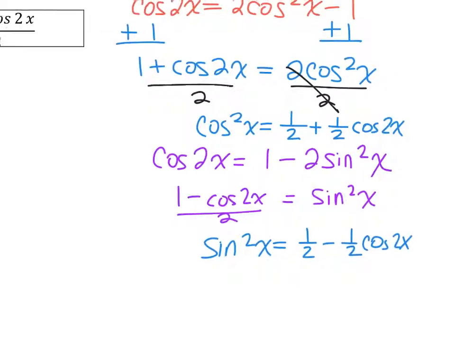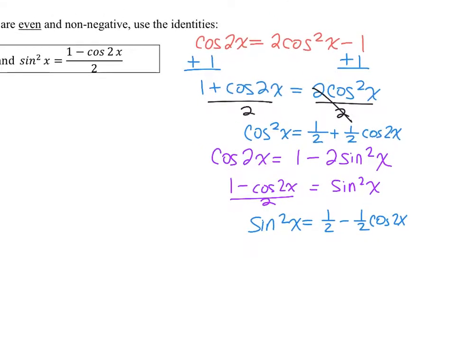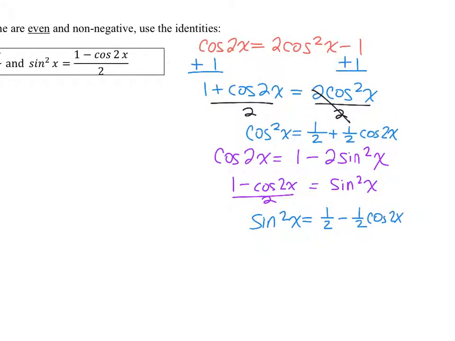So we have a little bit of familiarity here in that they're based off of formulas that we know, but also the two substitutions related to cosine squared and sine squared are not dissimilar from one another, because one just has a plus sign and one has a minus sign. As long as you can keep that straight, you're in good shape. So basically, if you know one, you know the other.